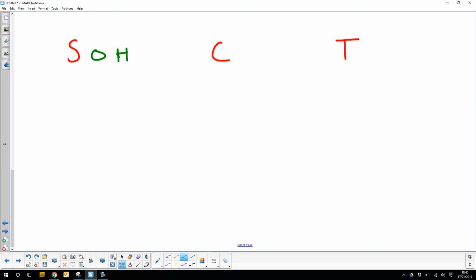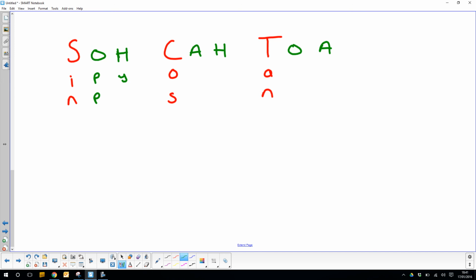For cos, it is adjacent over the hypotenuse, and for tangent it is opposite over adjacent. Okay, so sine, cos, tan, and we have opposite over hypotenuse, adjacent over hypotenuse, and opposite over adjacent.